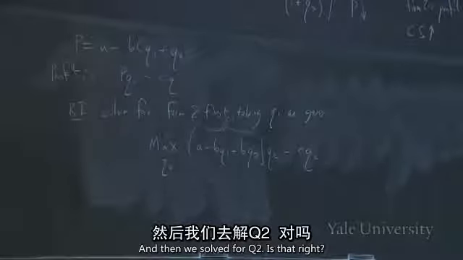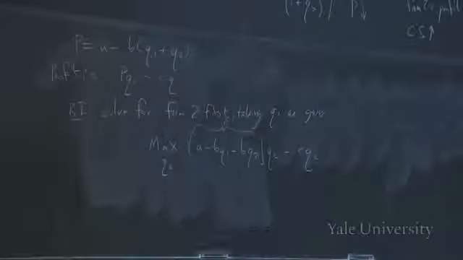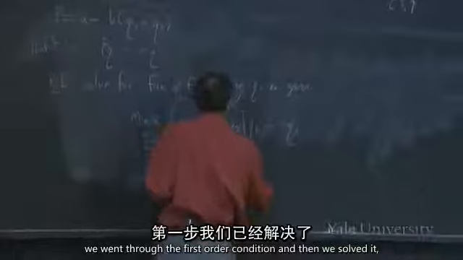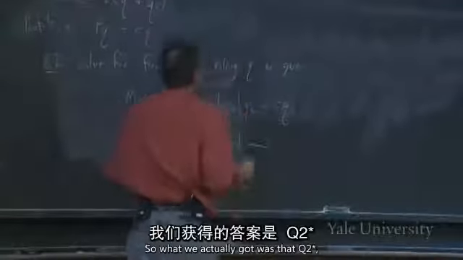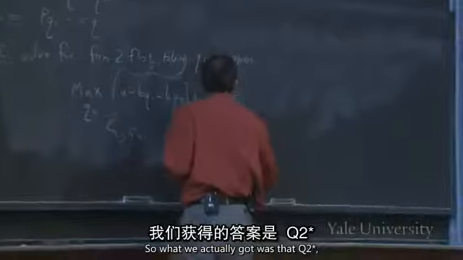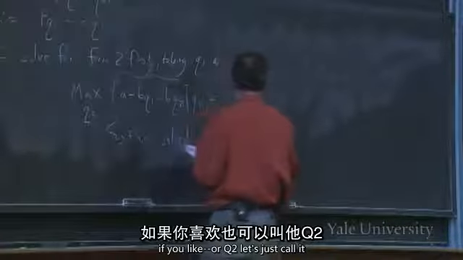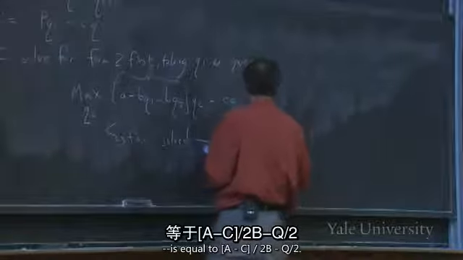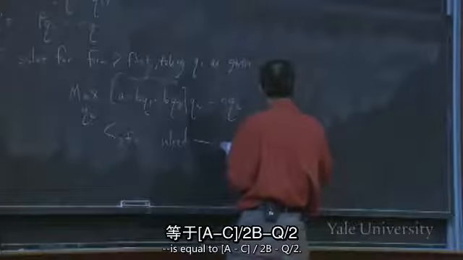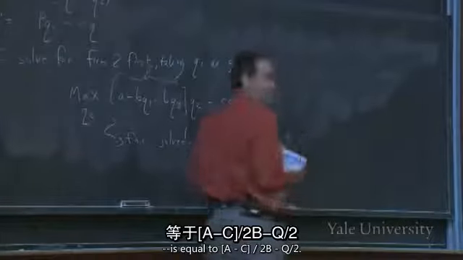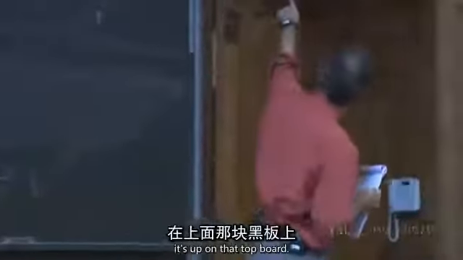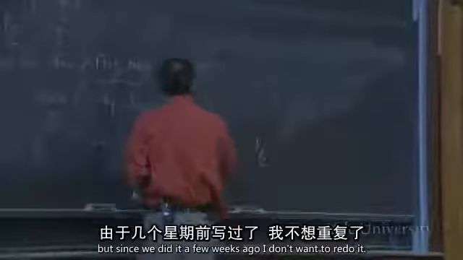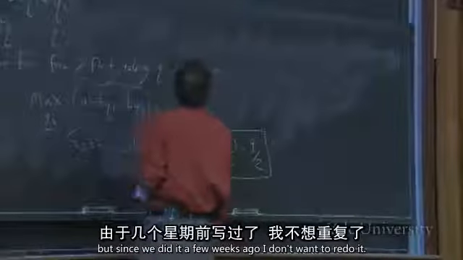So what we actually got was that Q2 is equal to (A minus C) over 2B, minus Q1 over 2. And in fact, I've already given it to you up there on that top board. It's the best response for firm 2. So again, I could do this again, but since we did it a few weeks ago, I don't want to redo it.